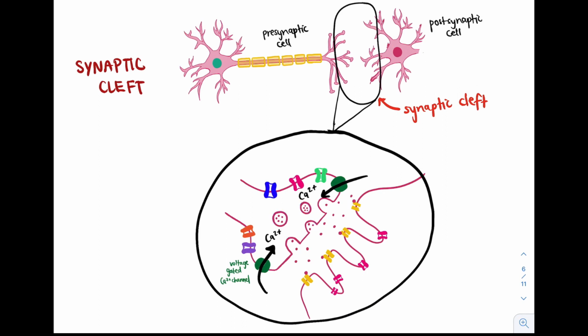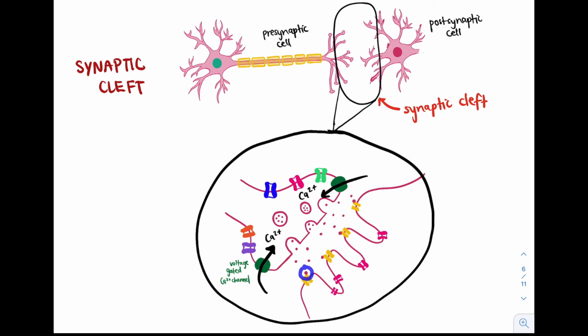And neurotransmitters, which are chemical signals, are going to be released into the synaptic cleft. Neurotransmitters are going to travel along the synapse, and they are then going to bind receptors on the postsynaptic cell's dendrites. So here we see the receptors that are ligand-gated ion channels, and that means that they require a molecule to bind to them in order to open.